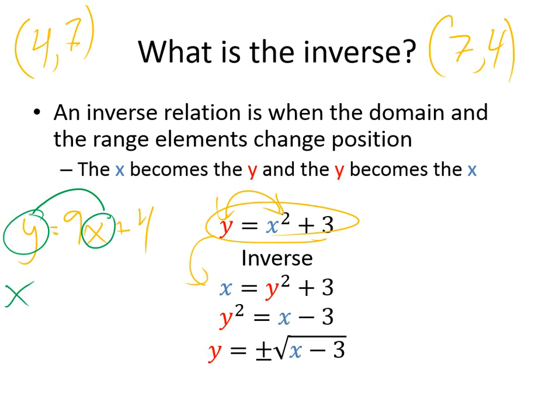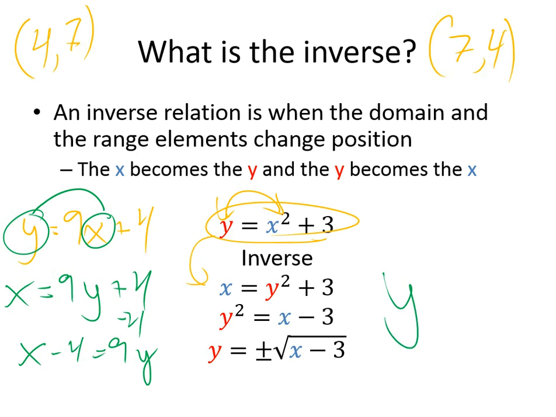So you'll have x is equal to 9y plus 4. Minus 4, minus 4. x minus 4 is equal to 9y, which means y must be x minus 4 all over 9. So all we're doing is just switching them, and that's your inverse function.